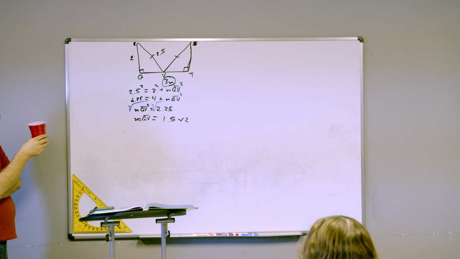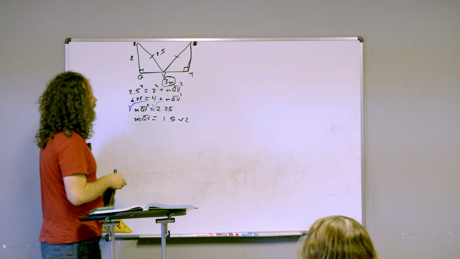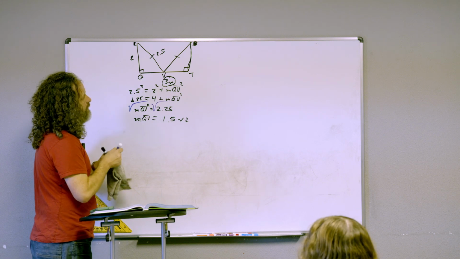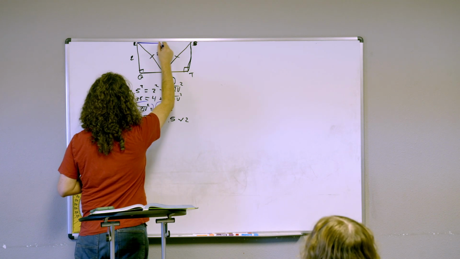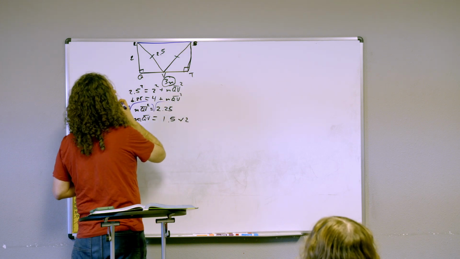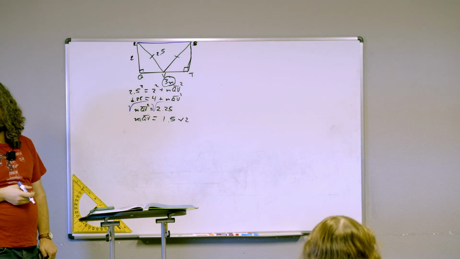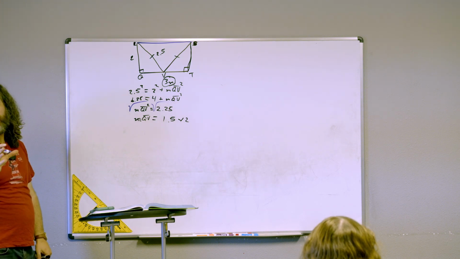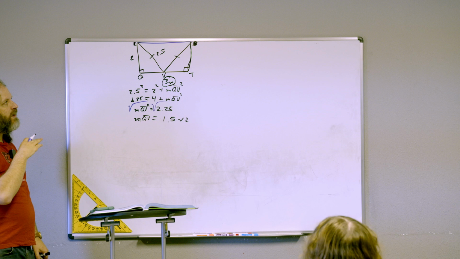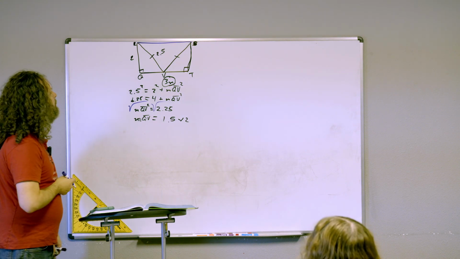Let me scribble and make sure I'm following your logic. In the picture, we actually have this connected as well. What angle are you talking about? There are 2 angles there. You said angle R and angle S. What angles are you talking about? So SRV and VSR are congruent.